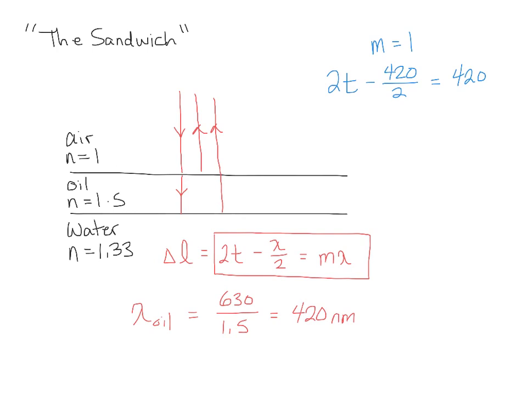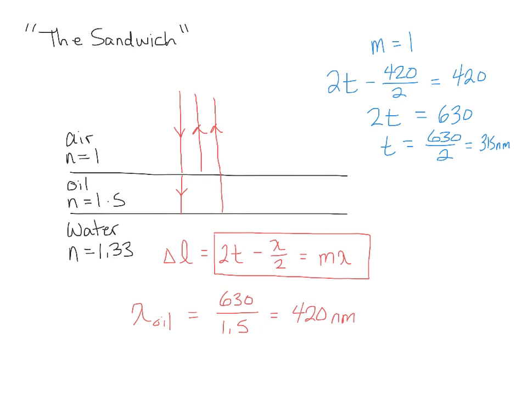And so in this case, that would mean 2t would have to equal 420 plus half of 420, which would give me 630. And so the thickness of that film ends up being 630 divided by 2, which would be 315 nanometers. Okay? So that comes out to 3/4 of the wavelength of light in the film, and that gives us our first order constructive interference.